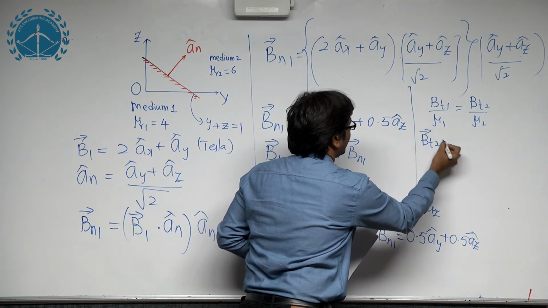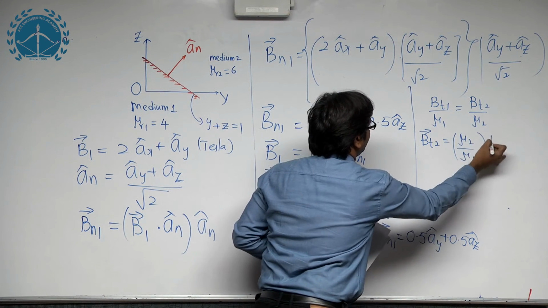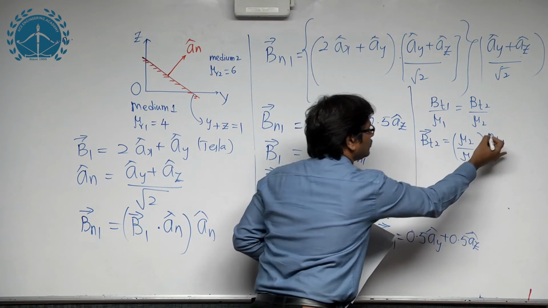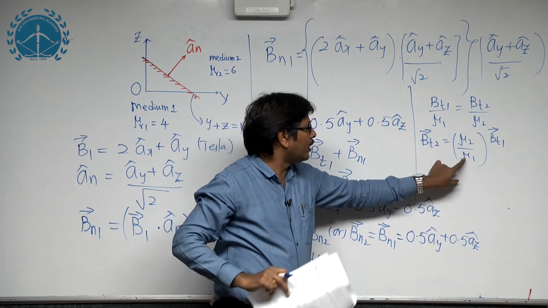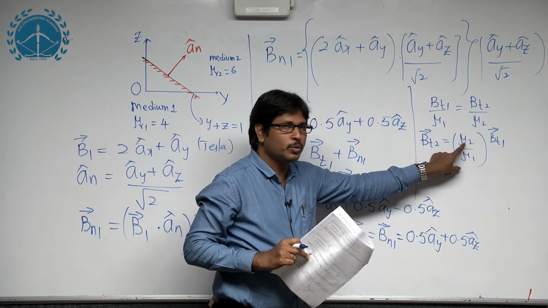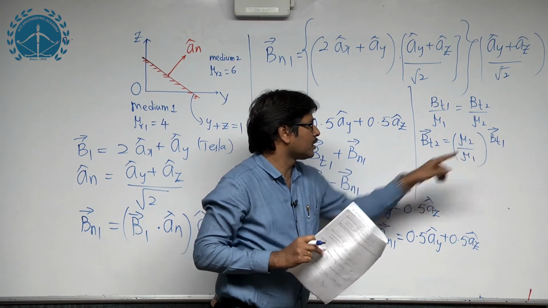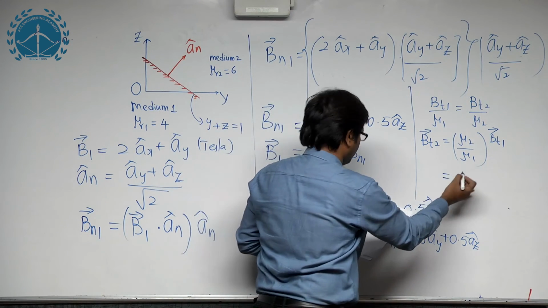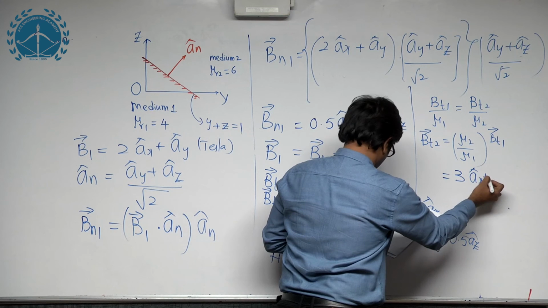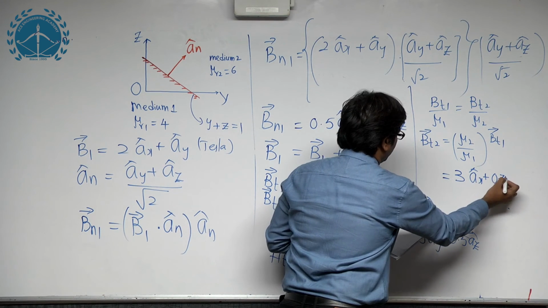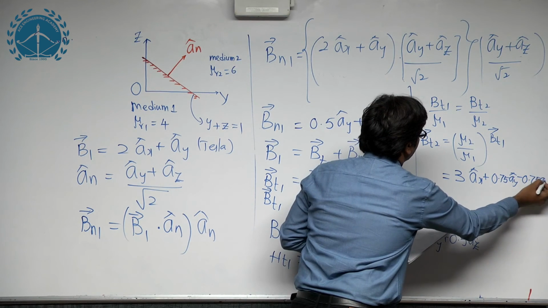Bt2 bar is therefore mu2 by mu1 multiplied with Bt1 bar. We can use Bt1 bar here and the given medium properties mu2 and mu1. We have mu naught mu2 and mu naught mu1. By substituting them, we can compute Bt2 bar. So we will have 3Ax cap plus 0.75 Ay cap minus 0.75 Az cap.